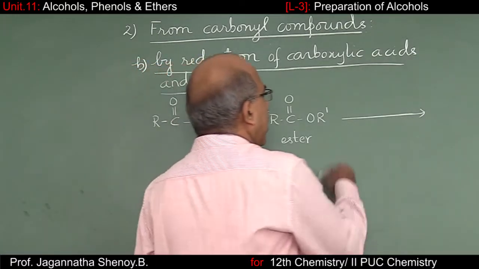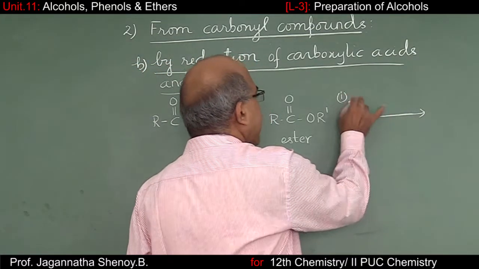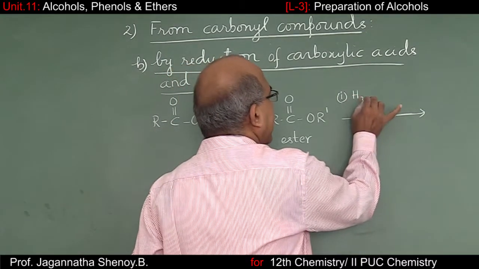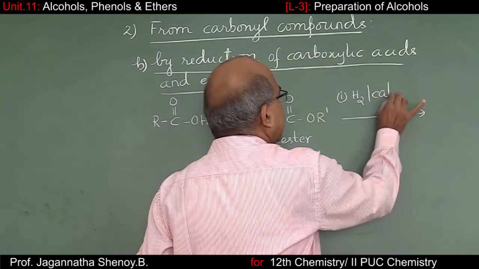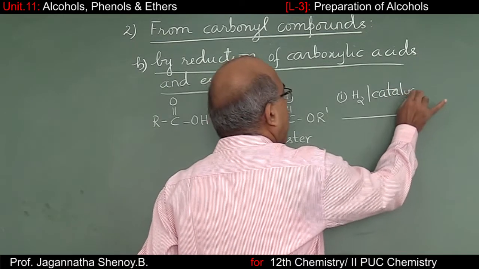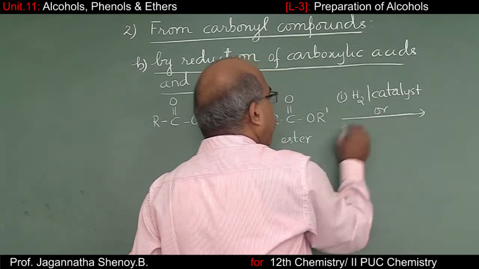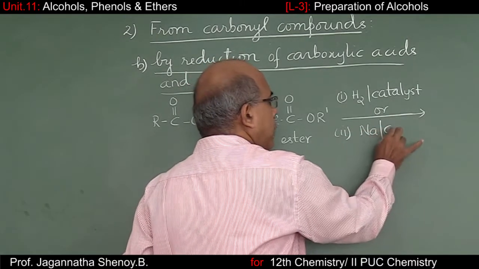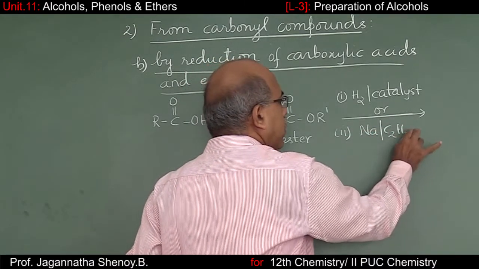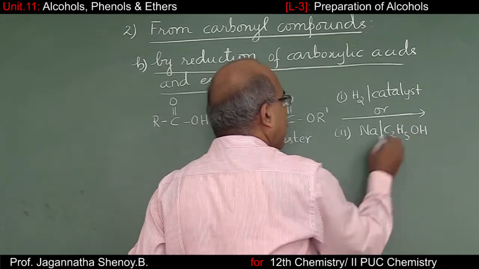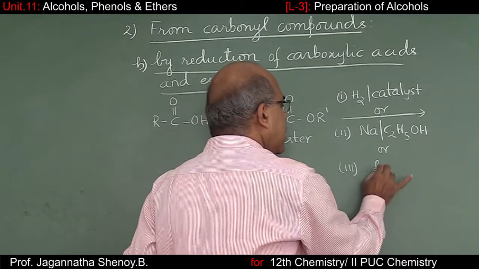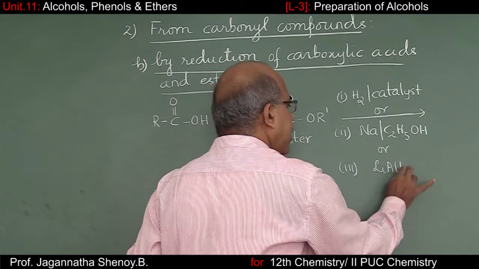So when you say reduction, I can use any of these reducing agents. I can go for catalytic hydrogenation, or I can go for another reducing agent, sodium and ethanol, or I can also make use of lithium aluminum hydride.